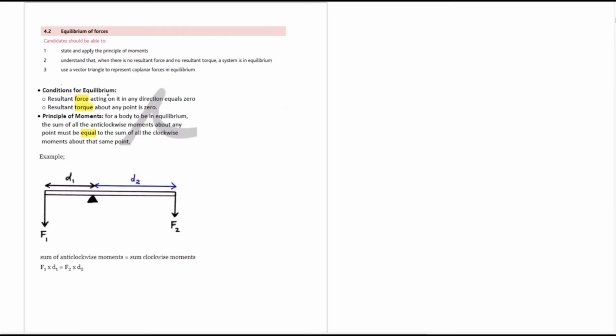Resultant force acting on it in any direction equals 0. So resultant force is 0. And resultant torque about any point is 0 also. So they must fulfill these two conditions. If that is the case, then equilibrium.